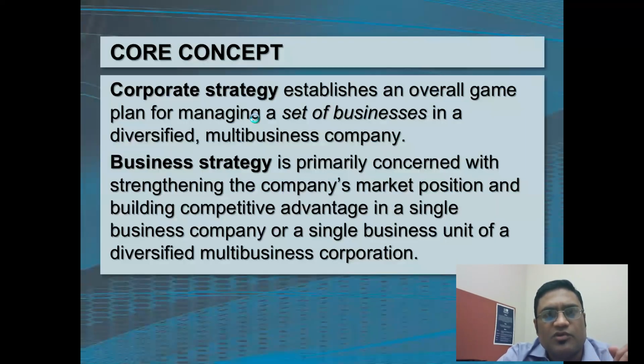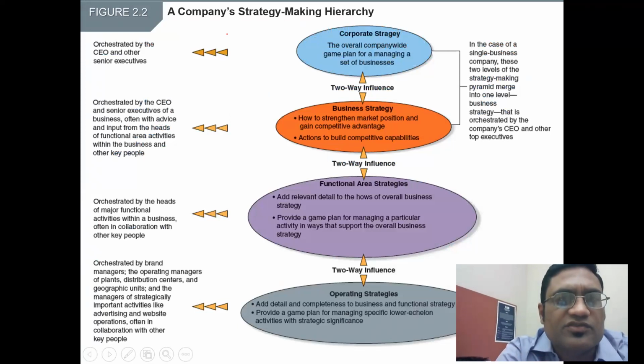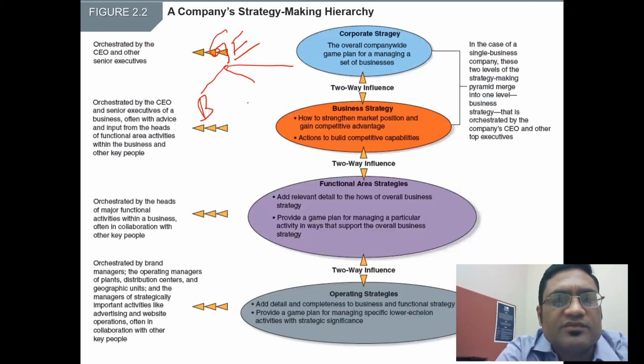Here are corporate strategy and business strategy. Although there are chapters for this, I'll quickly give you a recap. Corporate strategy is for the whole company. Let's just say you look at GE. GE is a corporation because it has lots of businesses under it. Corporate strategy deals with what kind of businesses the company is going to be in.